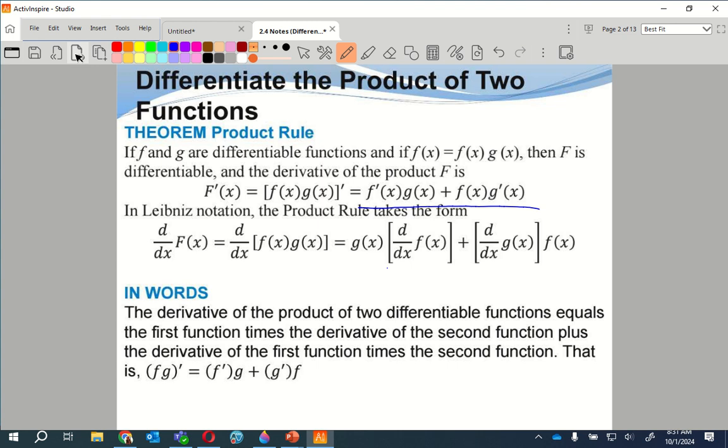It says the derivative of f times g of x plus the derivative of g times f of x. And a quick notation is f prime g plus g prime f. Does that make sense? Probably not, right?